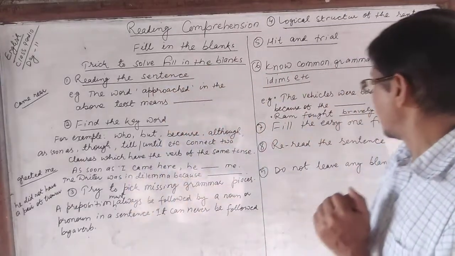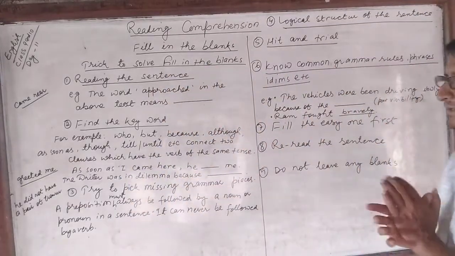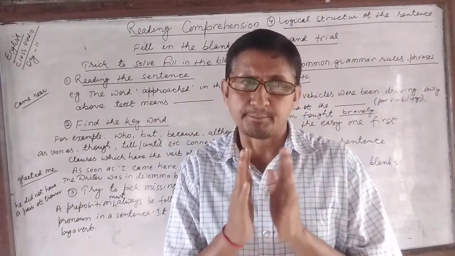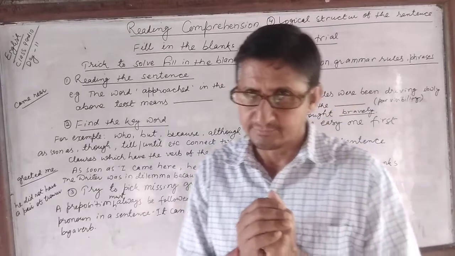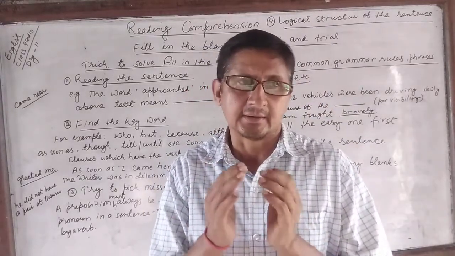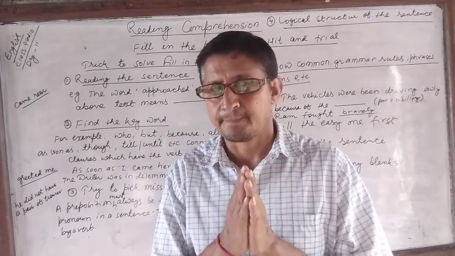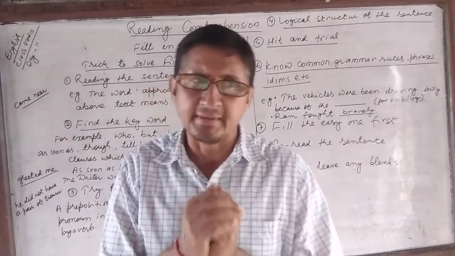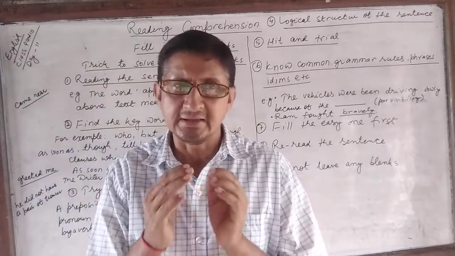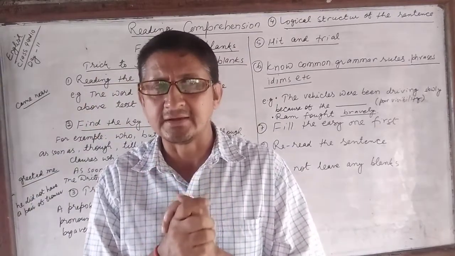Now next is reread the sentence. Once you have placed the option or word in the blank, reread the sentence. If the sentence makes sense grammatically and logically, it means the word is right.